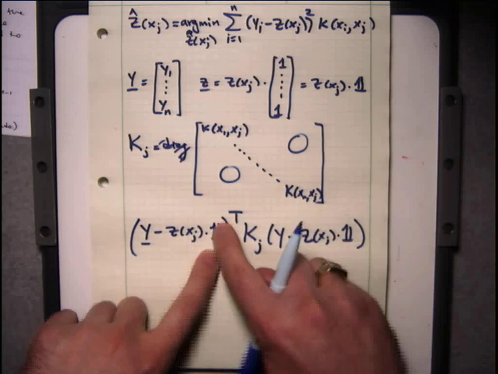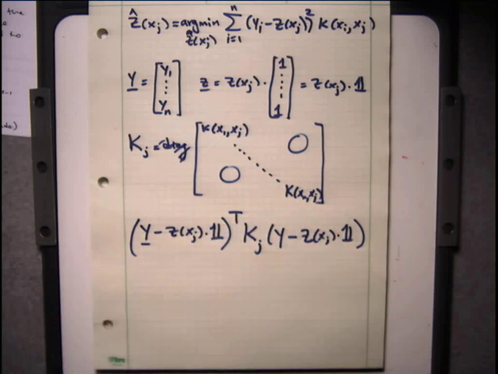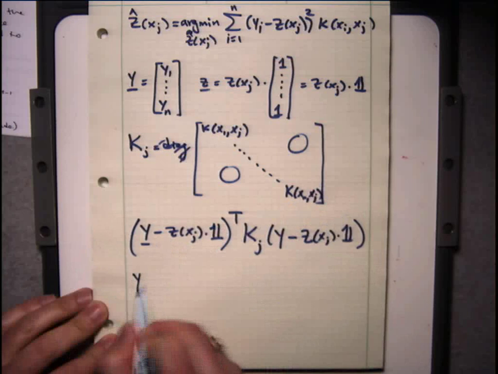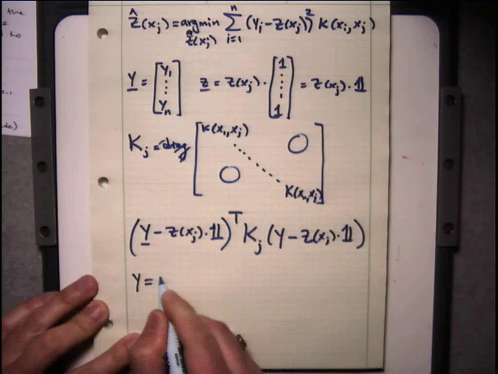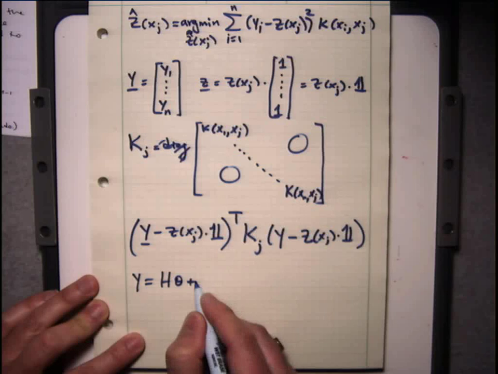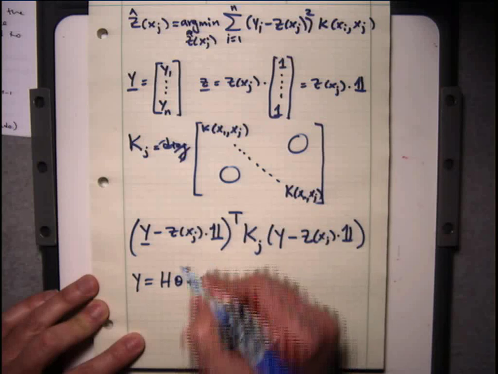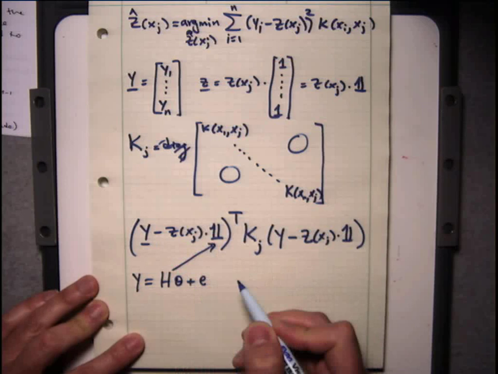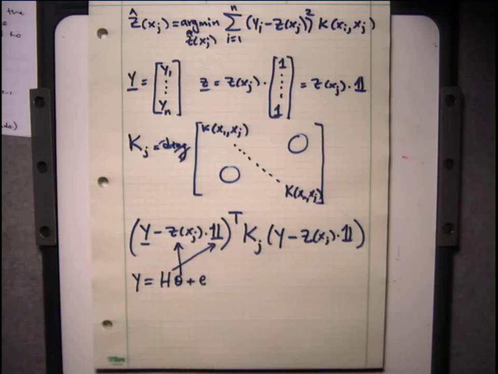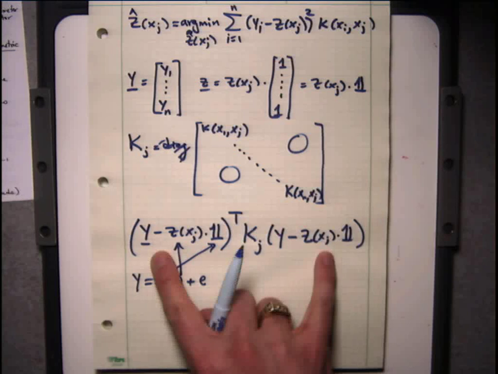H here is just a single vector of 1s. And your unknown is this theta. So this would be like y equals H theta plus error. And so your H is this guy. Your theta is that guy. Okay, so it's just like a standard least squares problem.